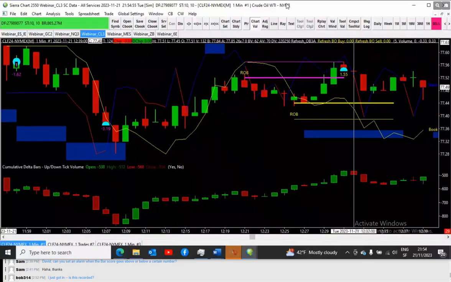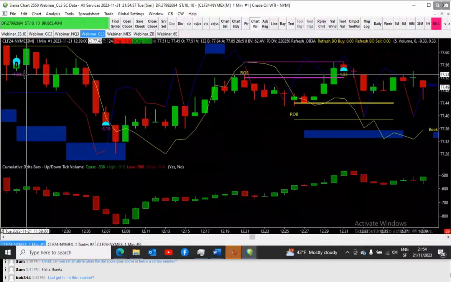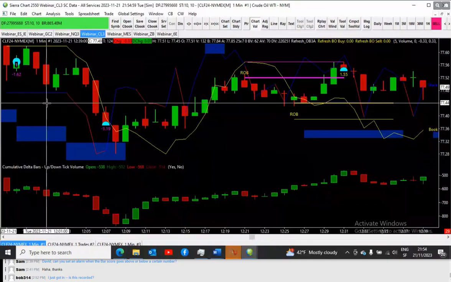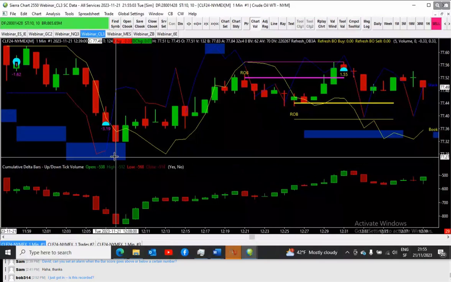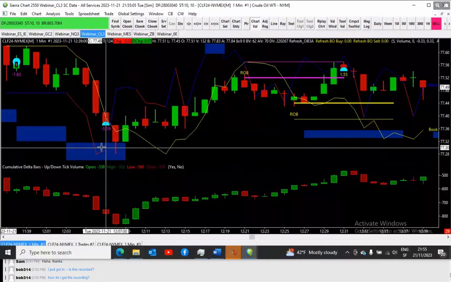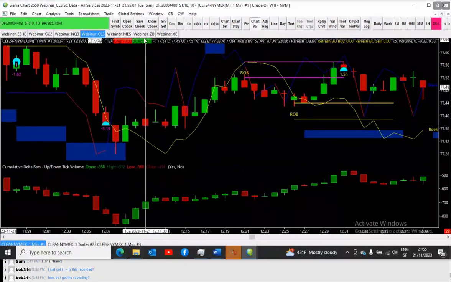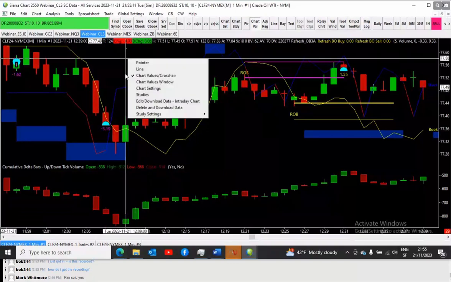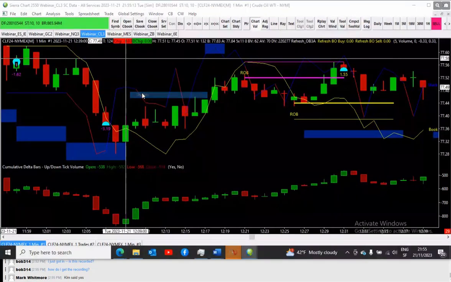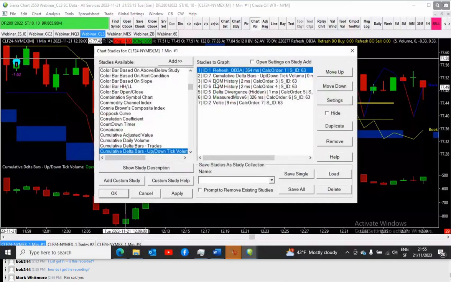So the other line we've got on here, well, a few things on here, but we've got a red and blue line. Hopefully it's visible. Blue's maybe not as visible. Let's see if I can change that.